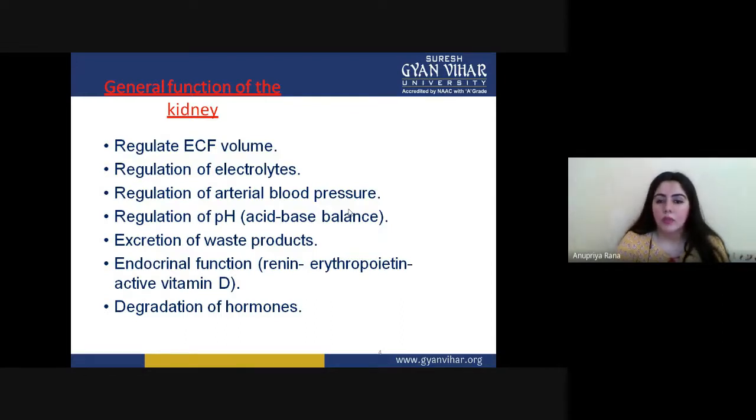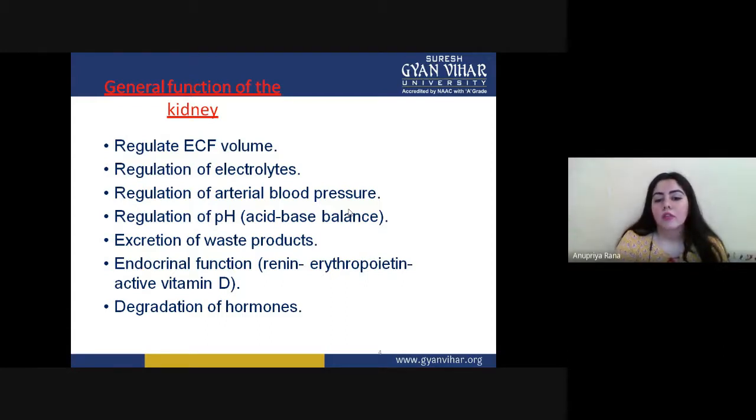Regulation of pH. So acid-base balance is done by the kidney, by adjusting the amount of water, they can help to regulate the pH also. Excretion of waste products, that is a natural work done by the kidney. Anything which is waste inside our body and no longer going to be used has to be excreted out.